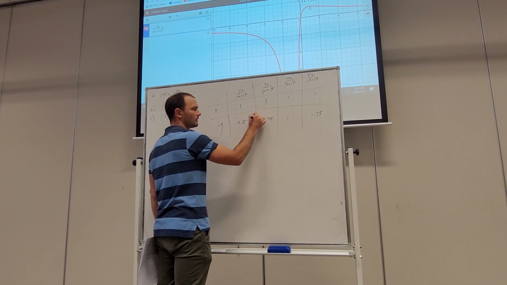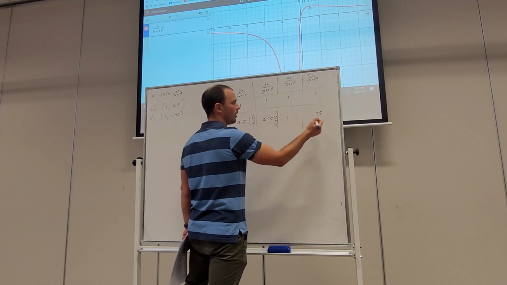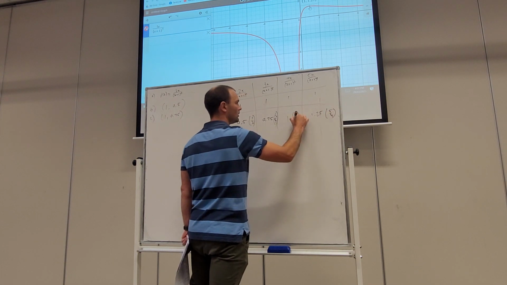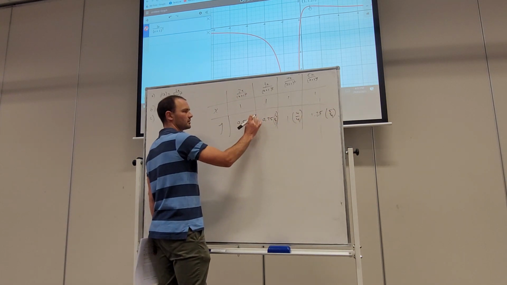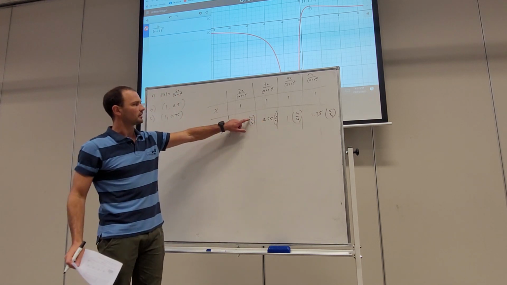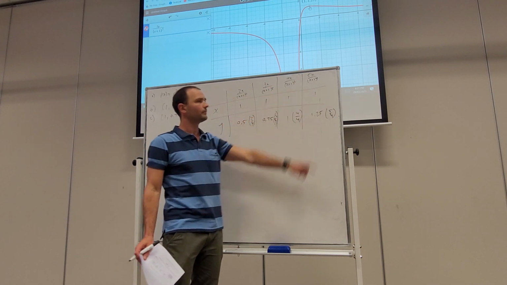This is half, this is 3 on 4, this is 1, 4 on 4, this is 5 on 4. This could be expressed as 2 on 4. Isn't that interesting? 2 on 4, 3 on 4, 4 on 4, 5 on 4.